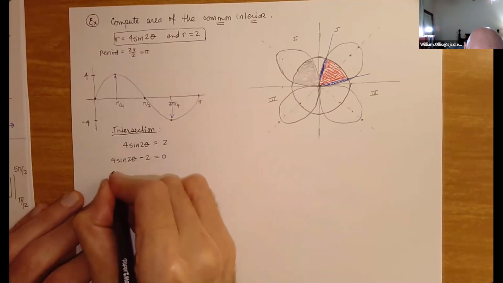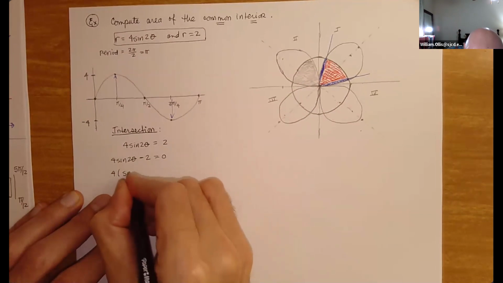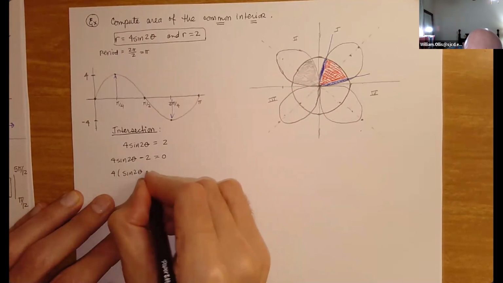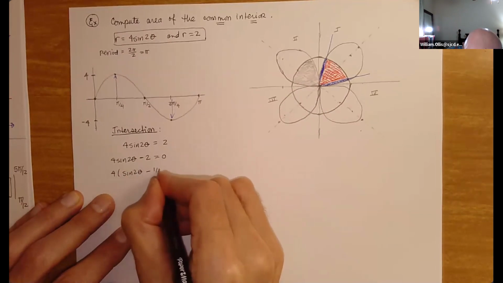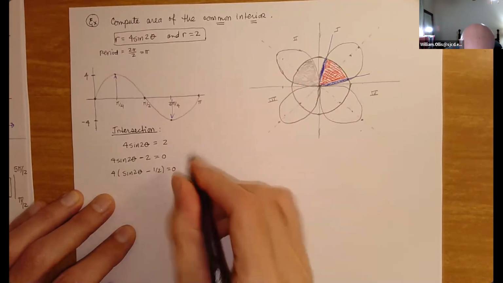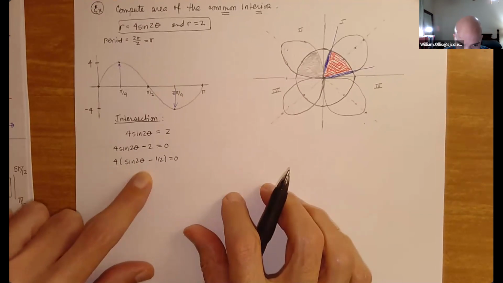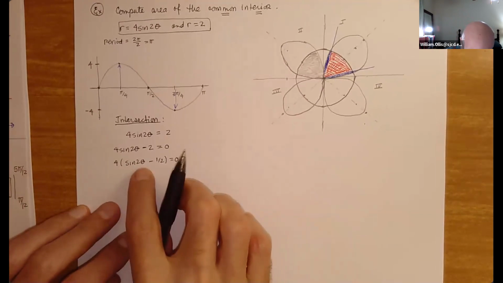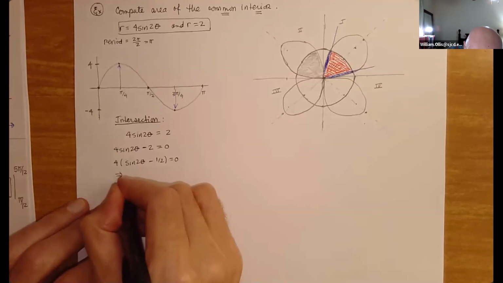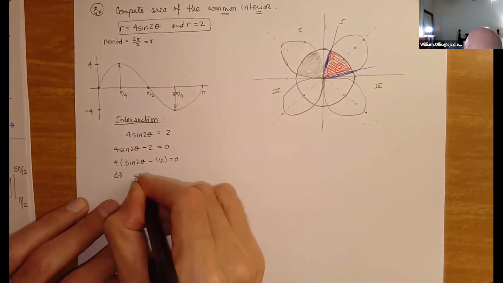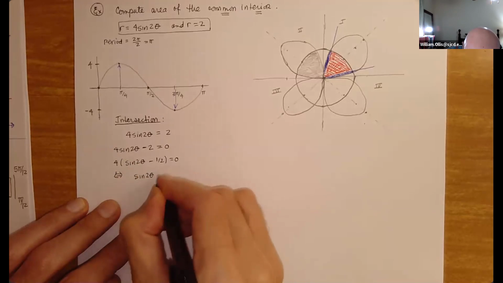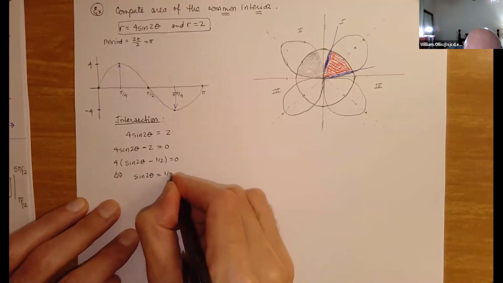So this gives us 4 times sine 2 theta minus 1/2 equals 0. Of course, we divide through by the 4, we don't care about that, and that just basically says, if and only if, sine 2 theta equals 1/2.